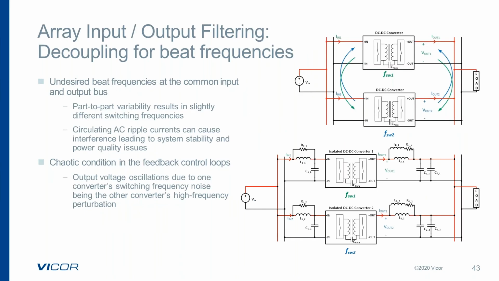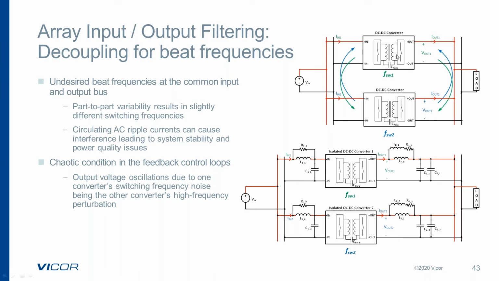One of the effects of having two converters within the system is that the converters can develop a beat frequency between them. This beat frequency is the difference between the switching frequency of the two different DC to DC converters. Because of component tolerances, even identical converters will have a slightly different switching frequency.